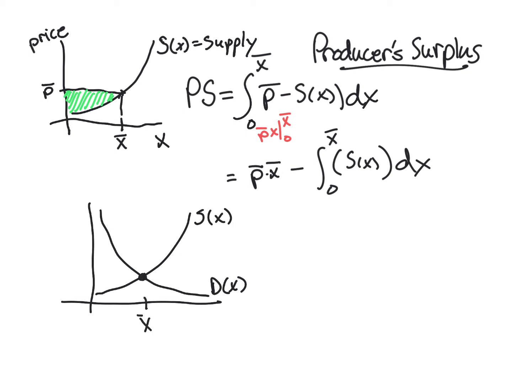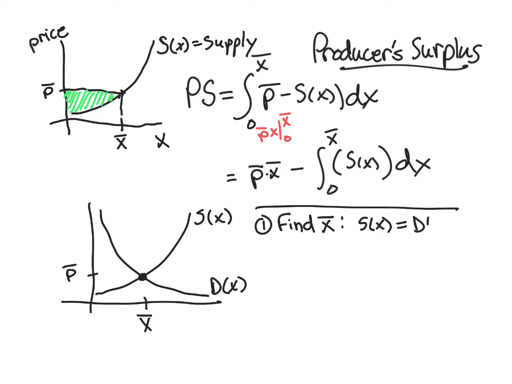That's the equilibrium point, and that is the point X bar, P bar. So what you're going to need to do is to find X bar. How do you do that? The supply curve equals the demand curve. Solve for X.